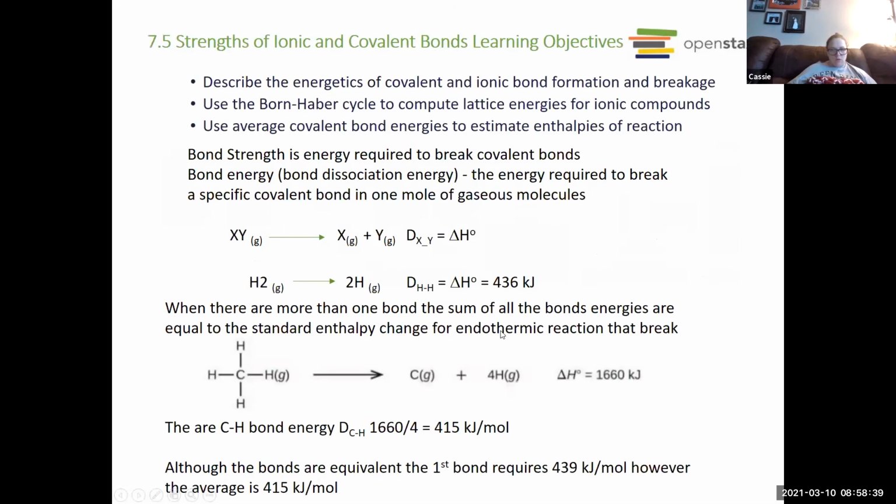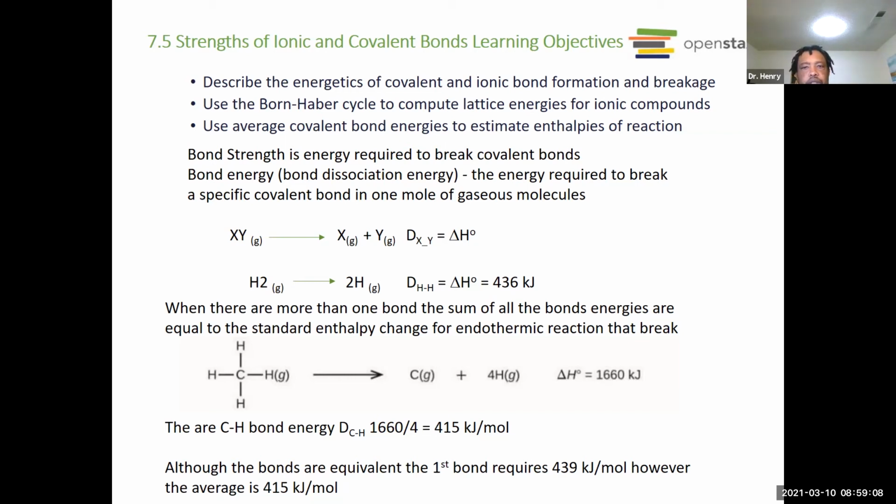Okay, so the next thing I want to talk about is strength of the ionic and covalent bonds. When we're talking about the strength of a bond itself, we can actually measure what we call the bond energy.